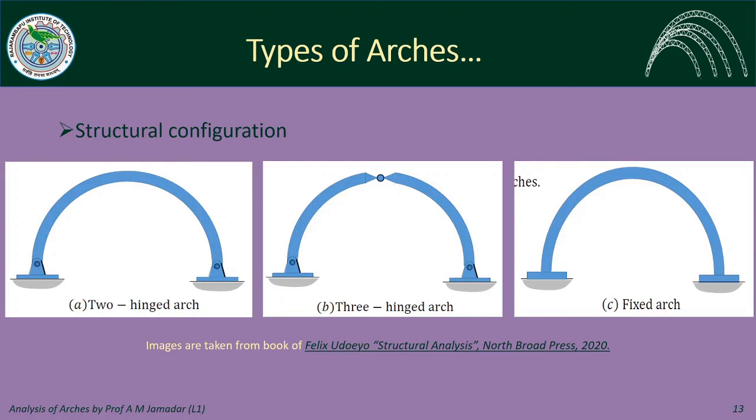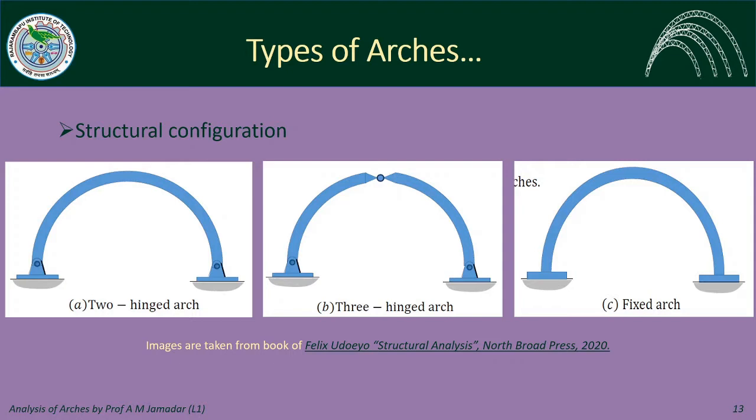So these are the three examples of arches. First one is two hinged arch, next one is three hinged arch, and third one is fixed arch. Okay, out of these three, our focus in this particular course is only on the second one, that is three hinged arch, because this particular arch is determinate, and the other two, that is two hinged arch and fixed arch, are indeterminate arches.